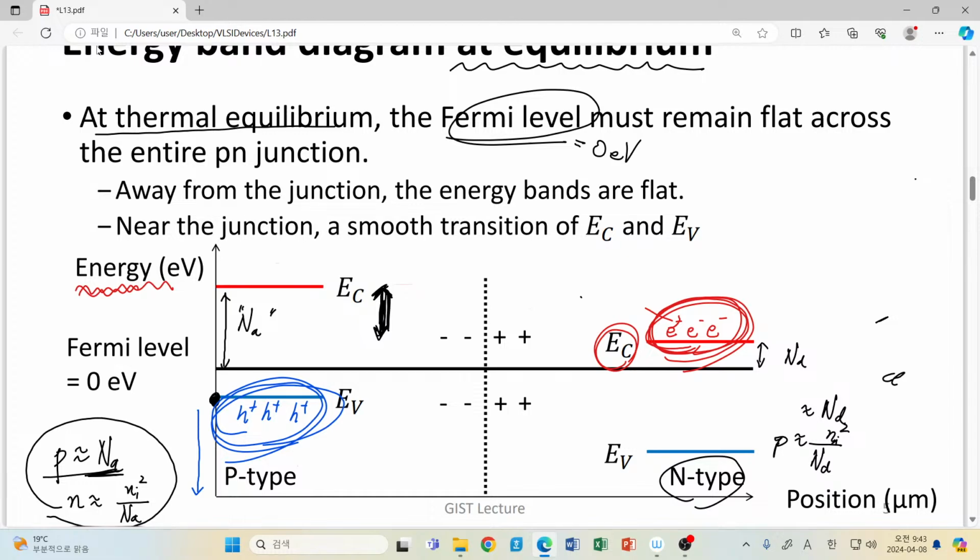So if, by applying something, we can reduce the energy barrier, for example in this way, then more electrons will overcome this energy barrier and move into this p-type region.